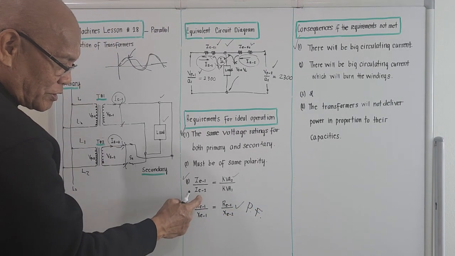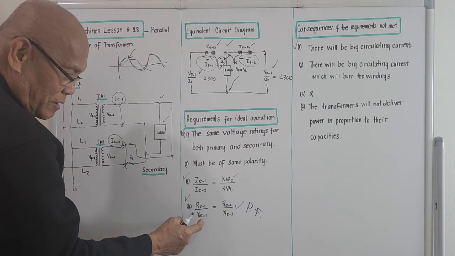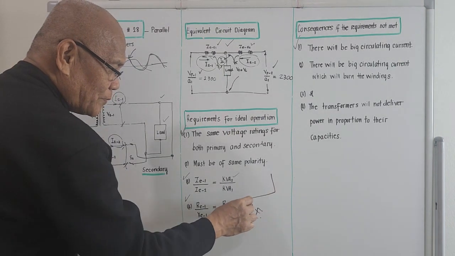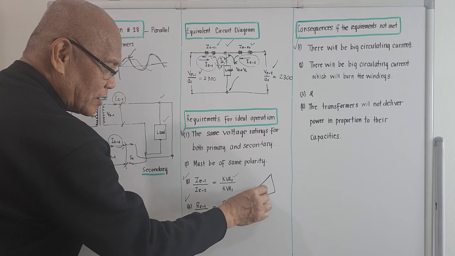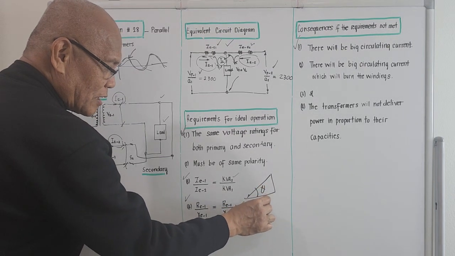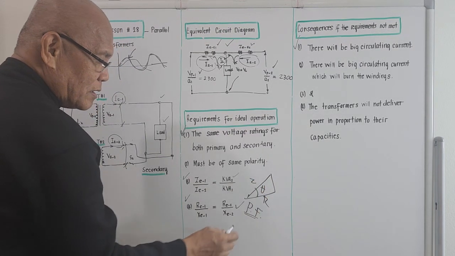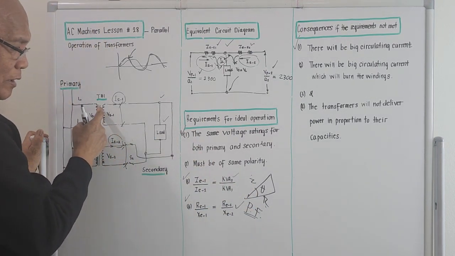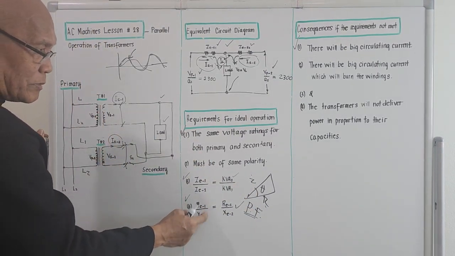Because the ratio of resistance over impedance is actually the power factor. The cosine of theta of the power triangle, this is theta. Okay, this is R, this is Z. So the ratio of R over Z for both transformer number 1 and number 2 should be the same.